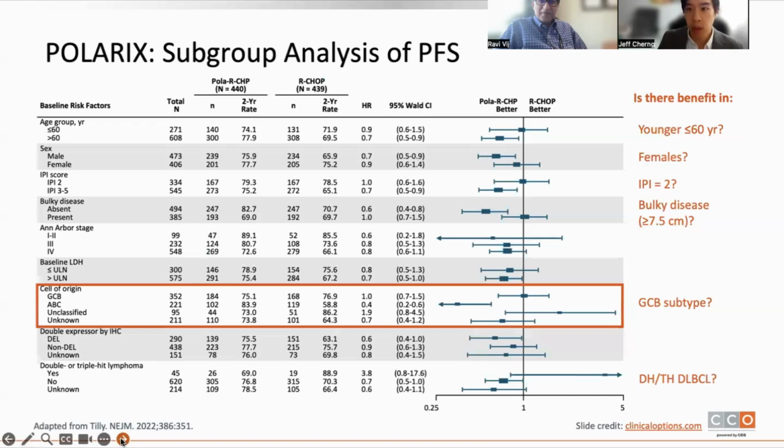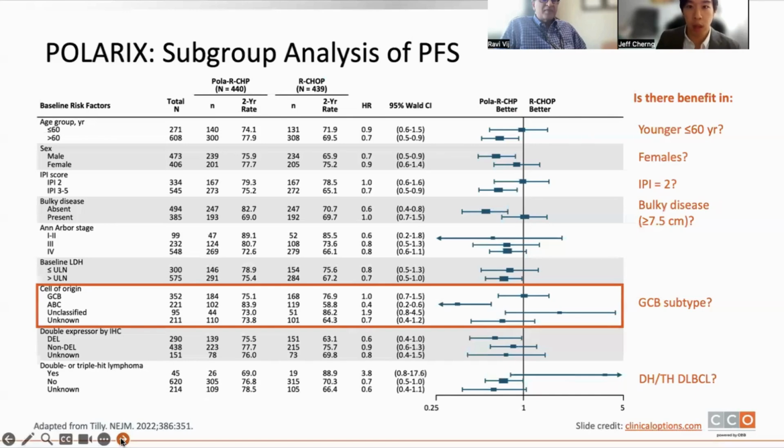Now, if we go down here, there are some curiosities. Male patients, maybe older than 60, maybe benefited a little bit more. Biologically, it's not clear what exactly that means, and there are certainly hazards in doing multiple subgroup analyses that aren't powered, that you'll tease some things out that aren't clinically or biologically meaningful.